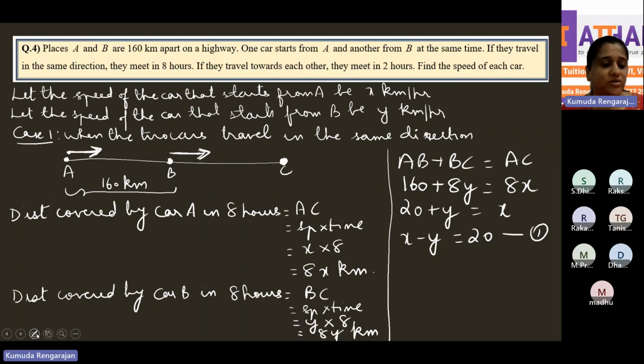Okay, so the test question is, you don't write the question now, just take these numbers, that's all. Instead of 160, it is 200 kilometers. And instead of 8 hours, take 4 hours. And instead of 2 hours, take 1 hour.